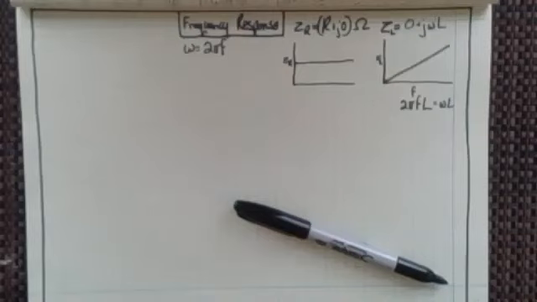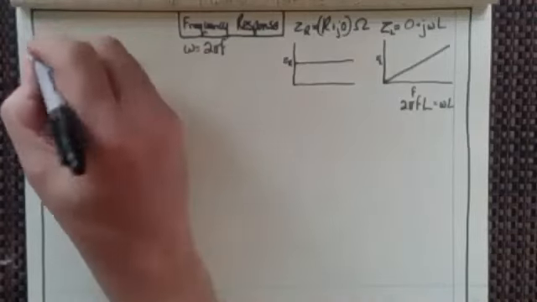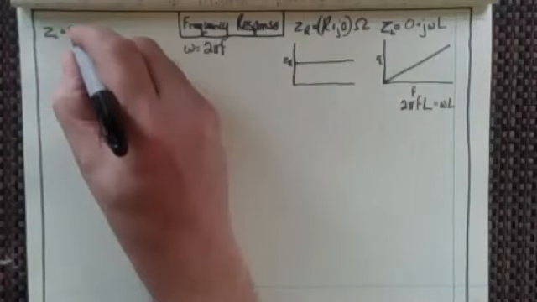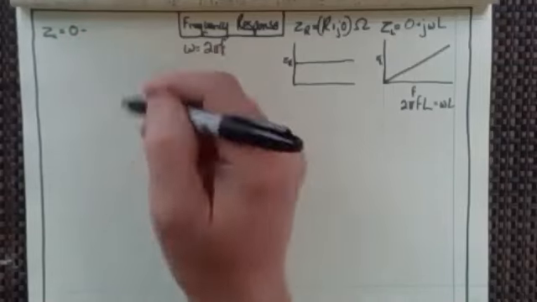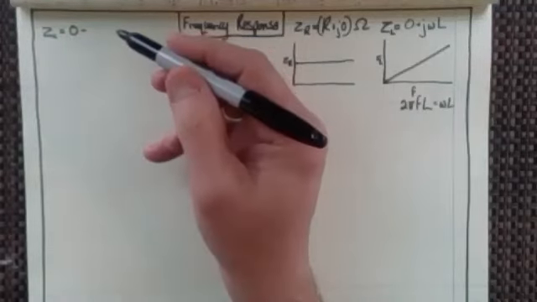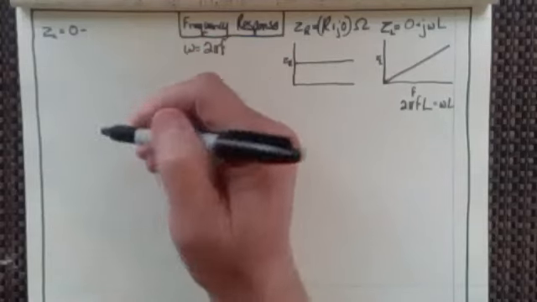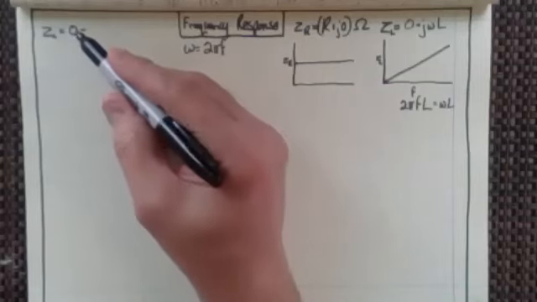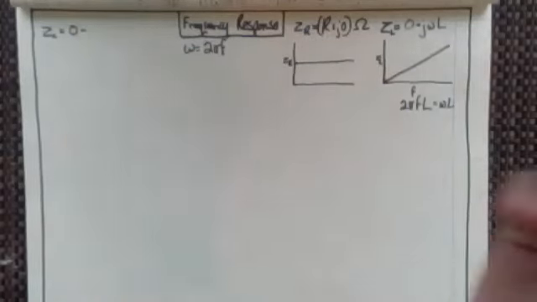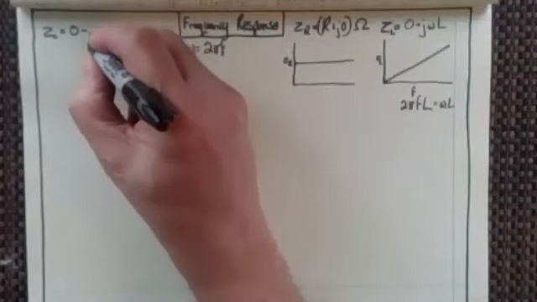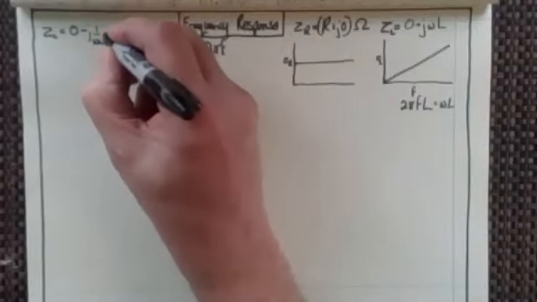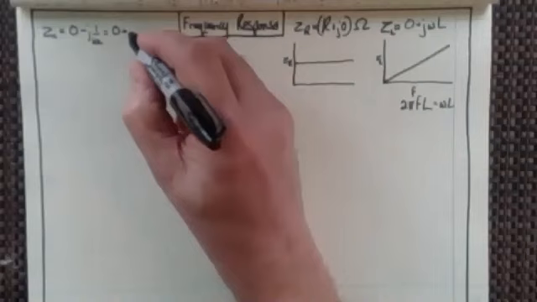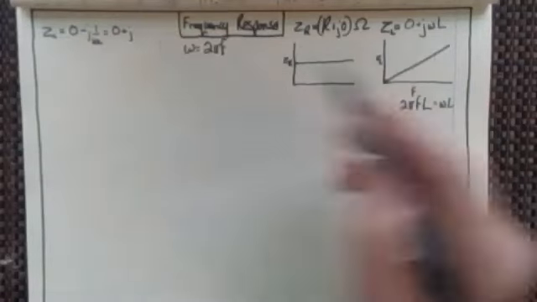Let's look at how a capacitor behaves. I'm going to put the capacitor impedance over here, and of course that would be 0 minus, I'm going to put the minus out in front, now that everybody knows that it's really 0 plus a minus 1 over, or 0 plus j, I'm going to write it both ways. 0 minus j 1 over omega C. And also, this is the way that I conceptually want you to understand it, is 0 plus j, just like I've got 0 plus j over here.